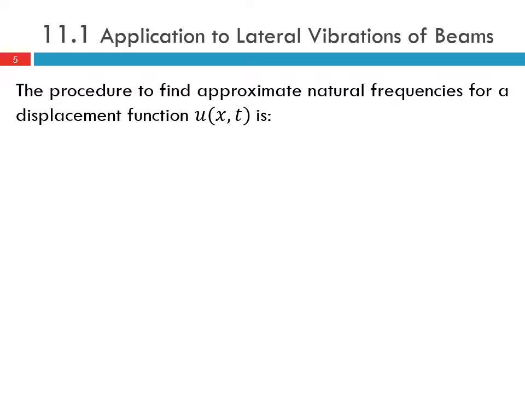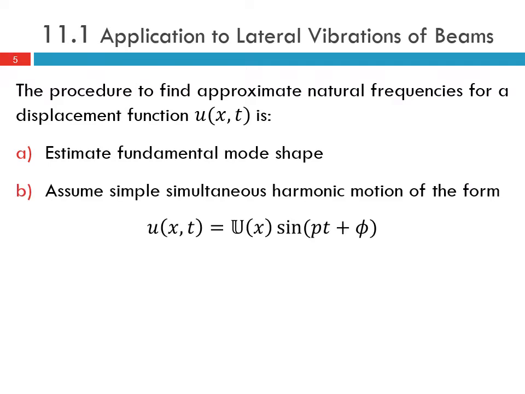So the procedure to find the approximate natural frequencies for a displacement function of u of x and t is, first, estimate the fundamental mode shape. That's like our assumed trial vector, or in this case, assumed mode shape function.